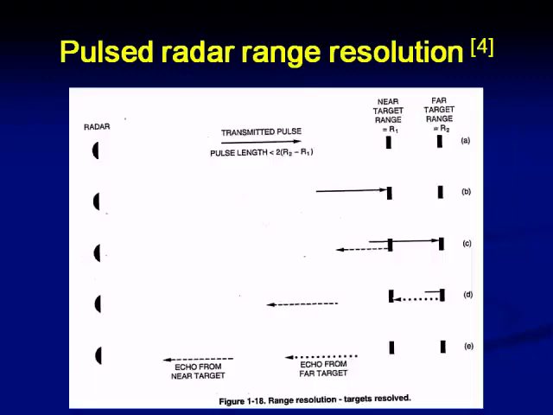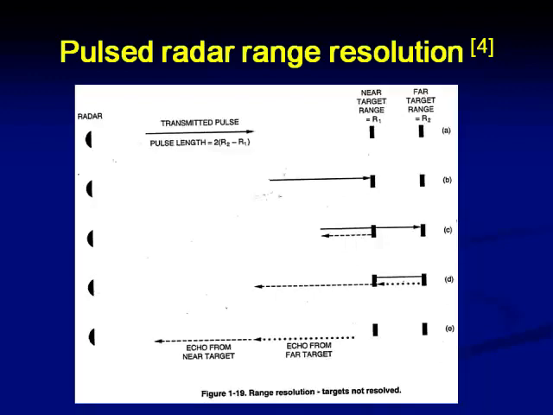Here you can see a pictorial view of this range resolution. So if a transmitted pulse is going, then it hits the first target and starts retracing. Then the transmitted pulse is going to hit the second target and starts retracing the path.